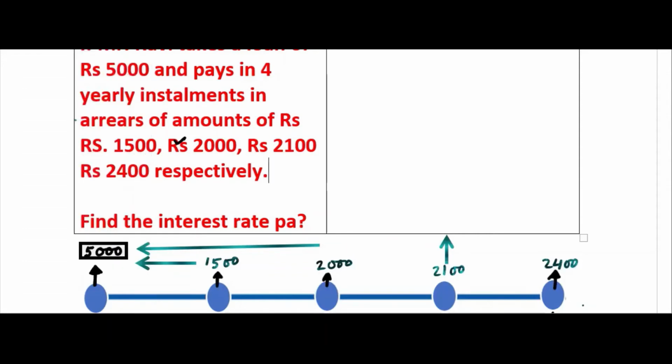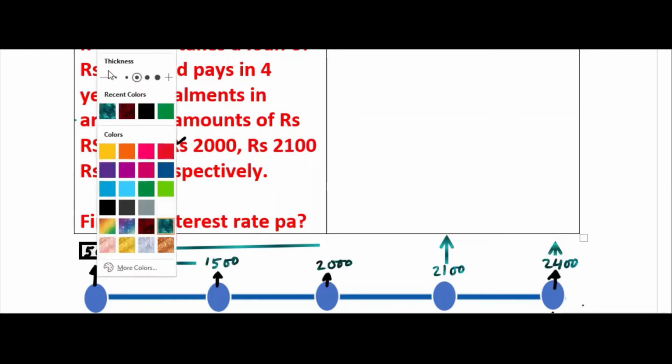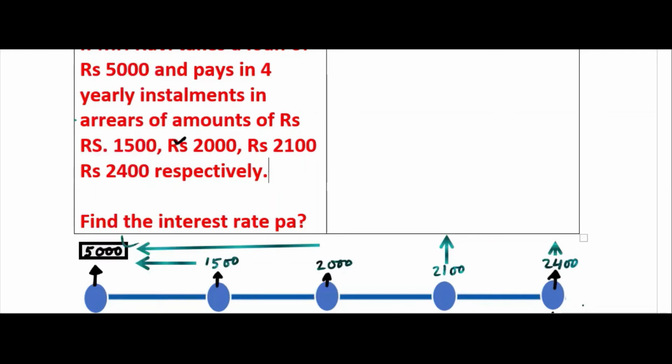discounted value of this one here and also discounted value of this one here. Okay, these 4 you need to find. So what will happen is, when you find the discounted value of 1500 here, that will be 1500 V. Discounted value of 2000, that will be 2000 V square.